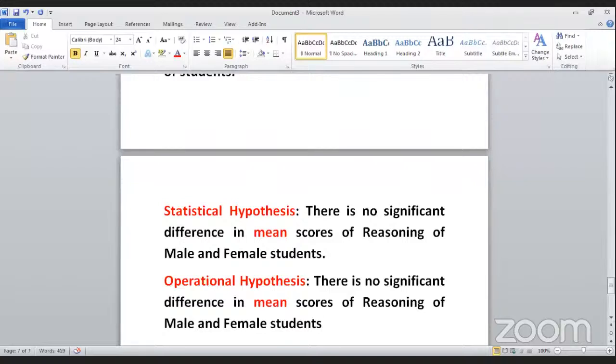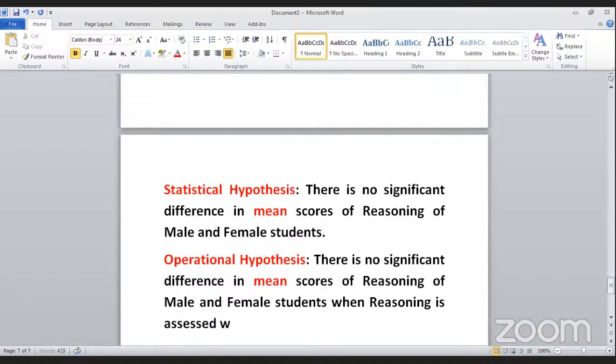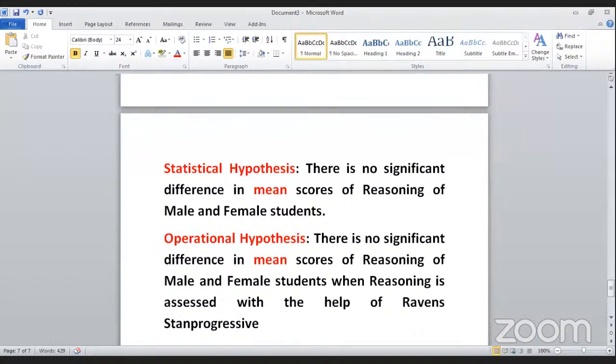So here I say, when reasoning is assessed with the help of Raven's Standard Progressive Matrices.